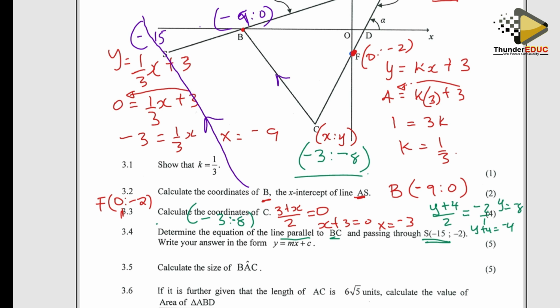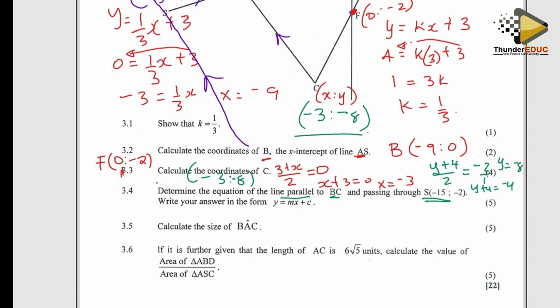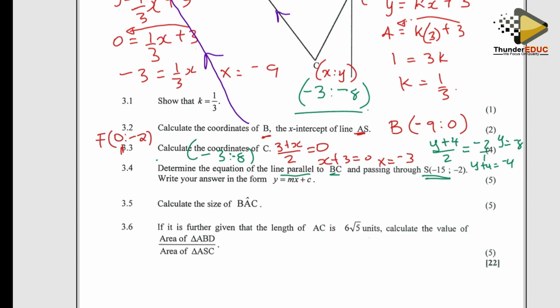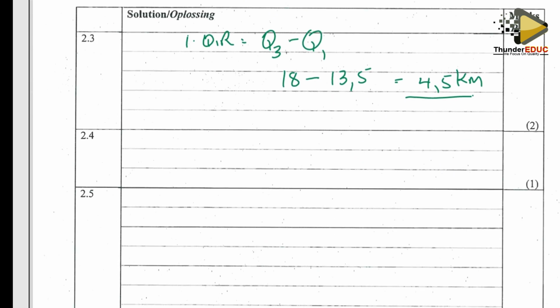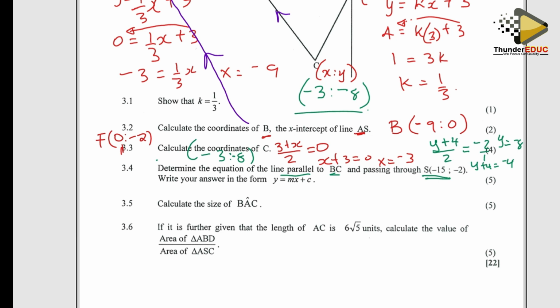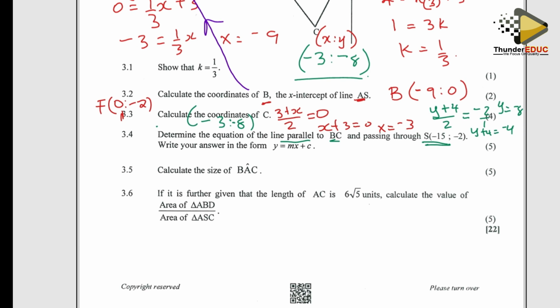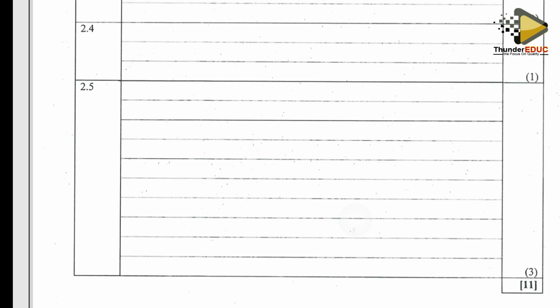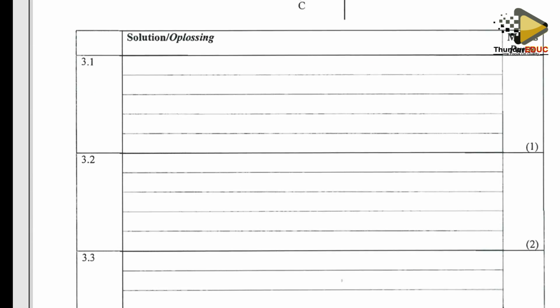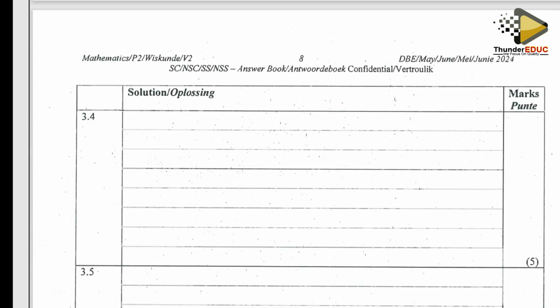S is (-15, -2). So I need to get the gradient of BC. This is 3.4, so we said gradient of BC.